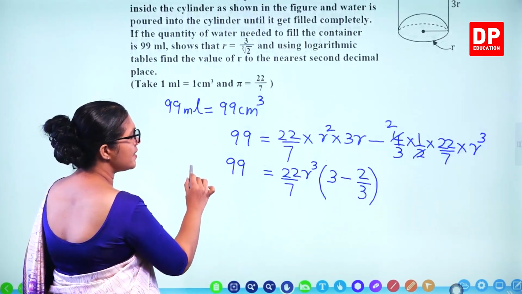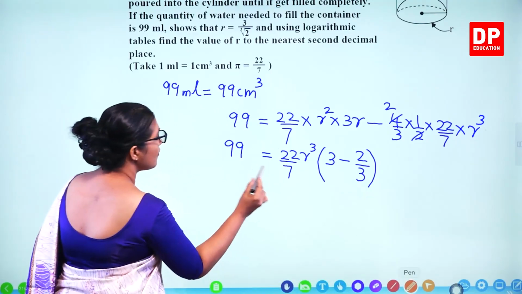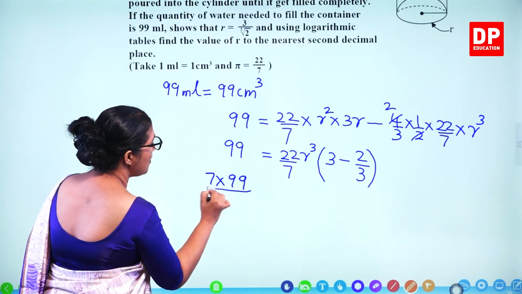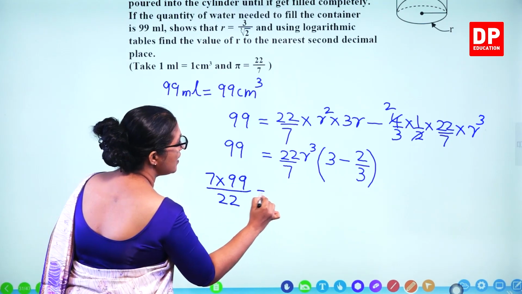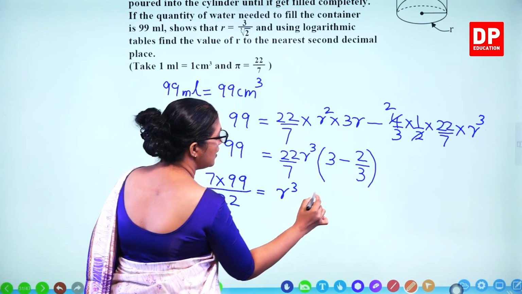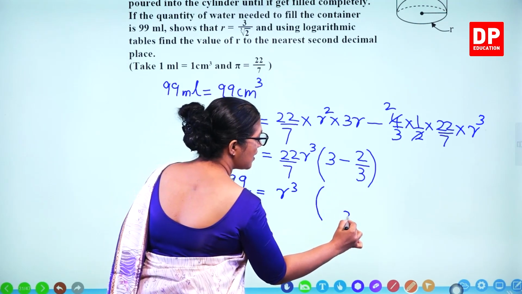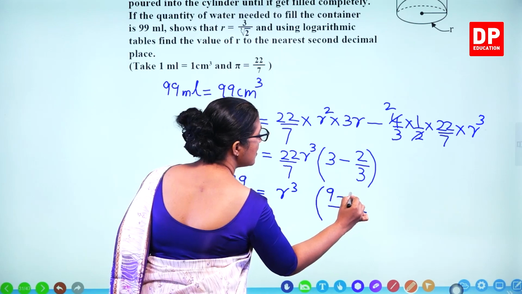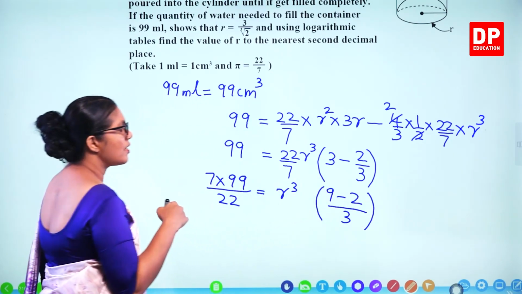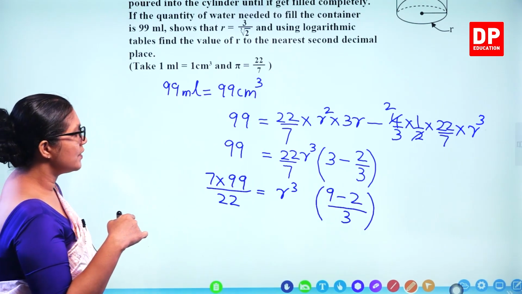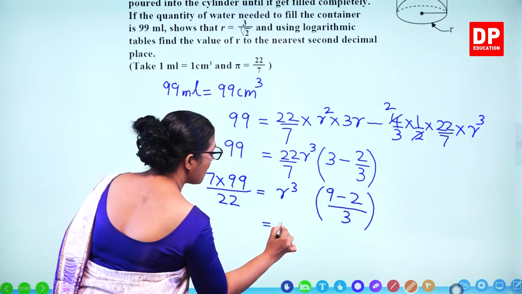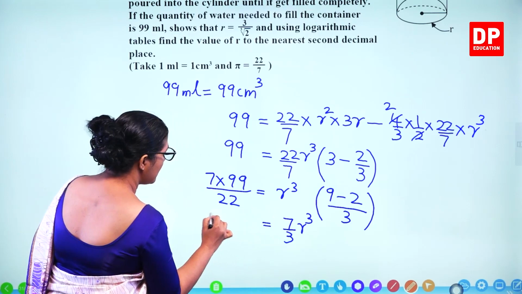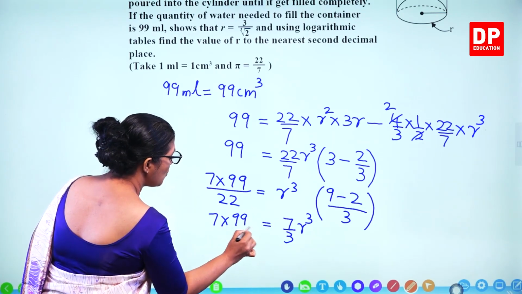Now simplify this. Multiply by 7 and divide by 22 to get r cube. Here take the same denominator: 9/3 minus 2/3, 9 minus 2 is 7. So 7/3 r cube is 7 into 99/22.